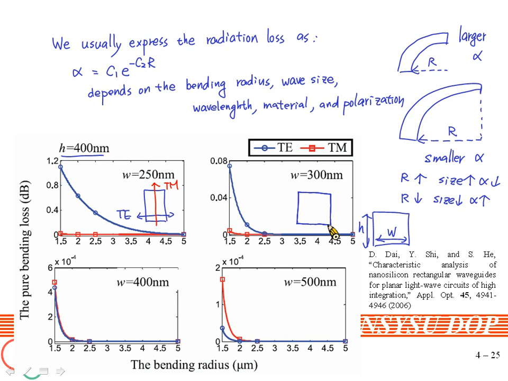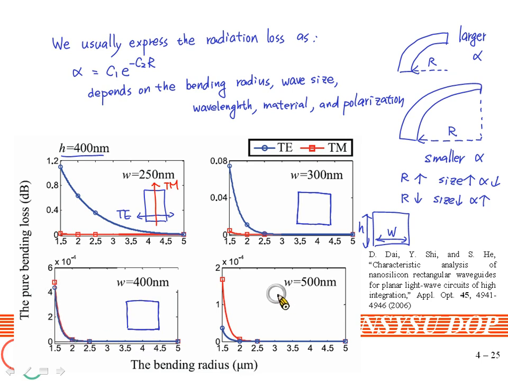And clearly, compared to this one, the loss of the TE mode is reduced because we have increased the width here, but we still have a smaller TM loss. As the W size is the same as H, it will become a square waveguide. For a square waveguide, the TE and the TM have the same confinement, so the bending loss will be the same.